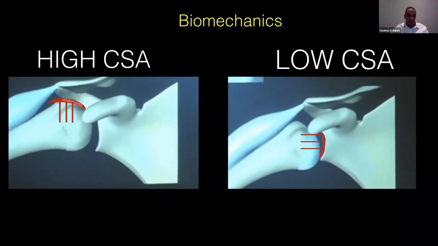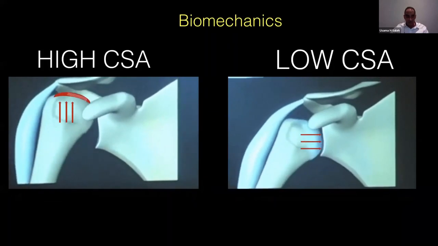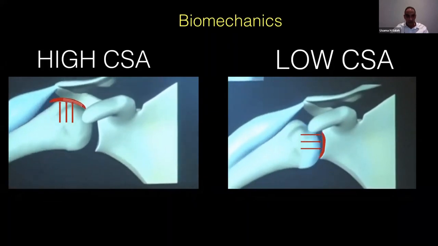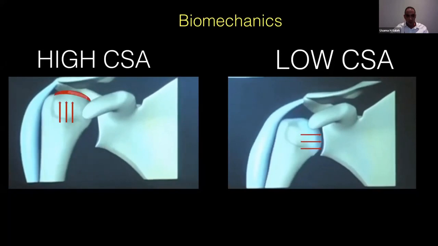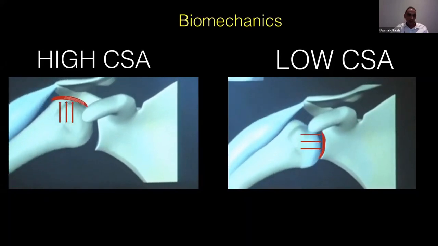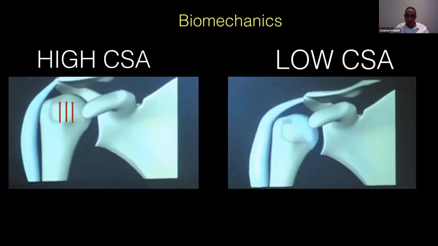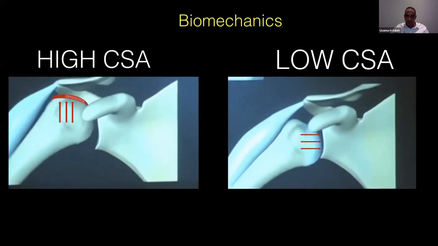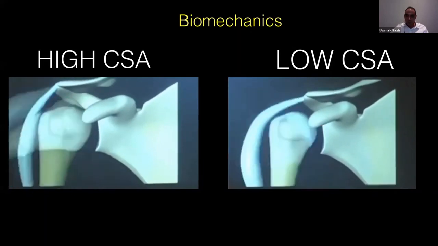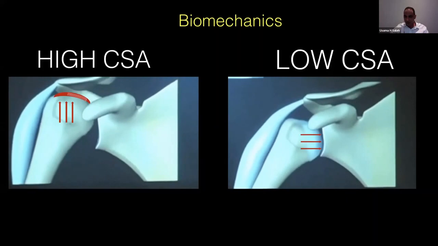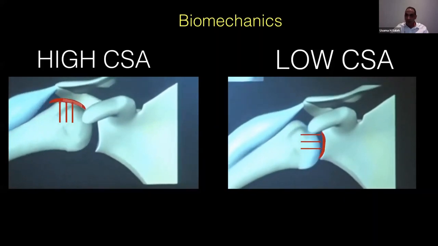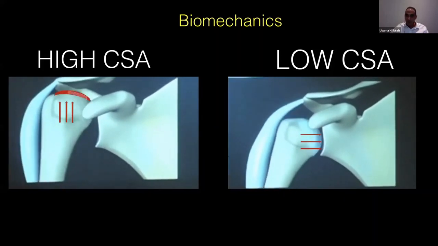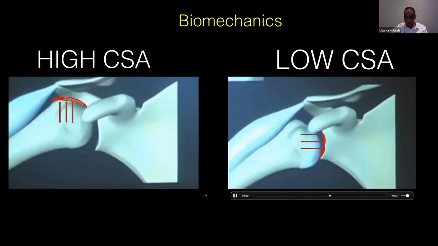So for this shear force, the cuff tendon itself has to do more effort and more strain to stabilize the humeral head again. That's why they get rotator cuff problems. On the other hand, with a low critical shoulder angle, there is more of a compression force on the glenohumeral joint. So the patient gets more cartilage damage and osteoarthritis.